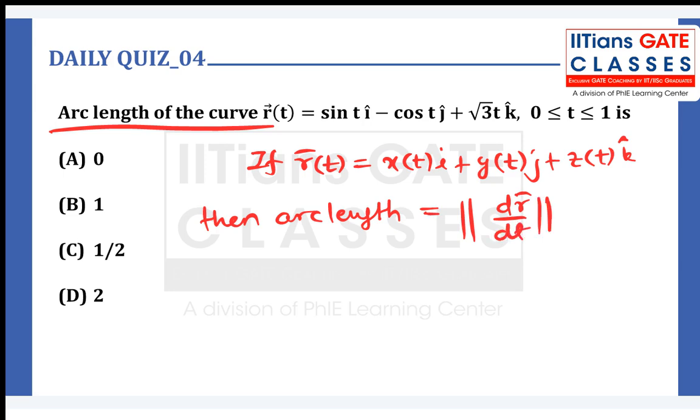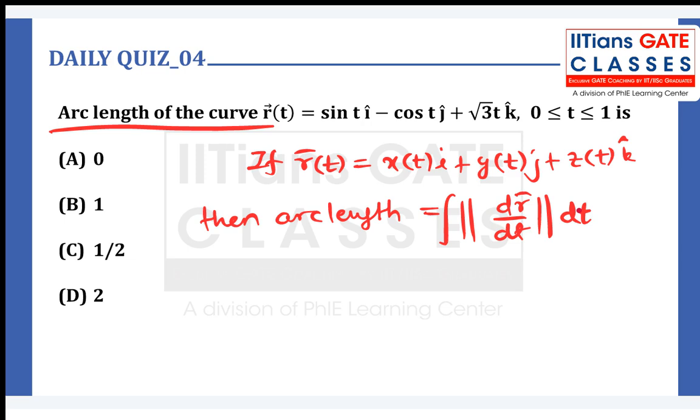That means you are supposed to differentiate r with respect to t, each and every term, and then take the magnitude. Since it's parameterized, you are supposed to integrate with respect to t because t is there.